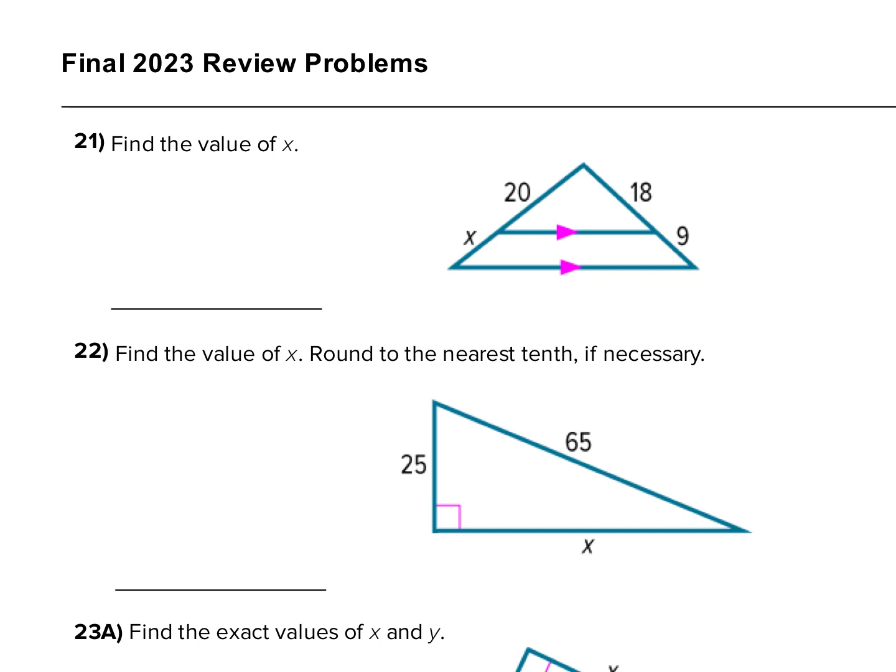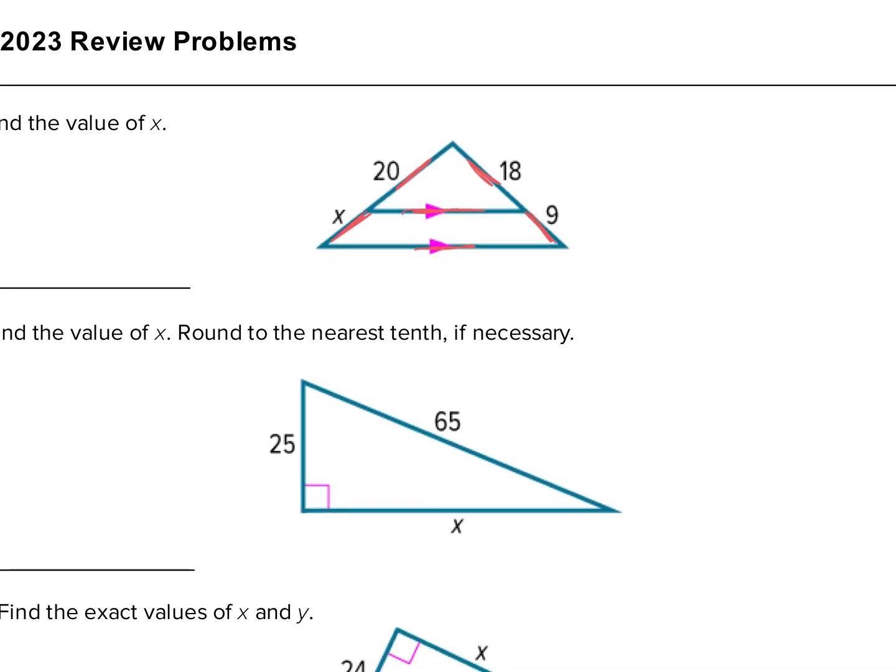Our last question on similarity is this triangle here where it shows us that the two bases are parallel to one another. And what that means is that the smaller portions between the parallel lines are proportional to the top.